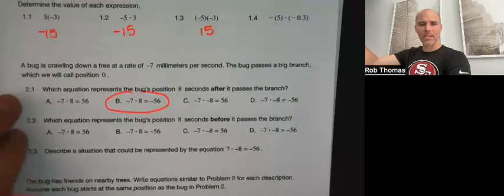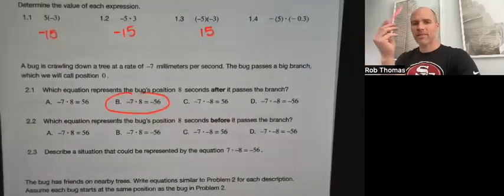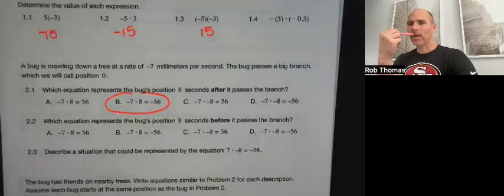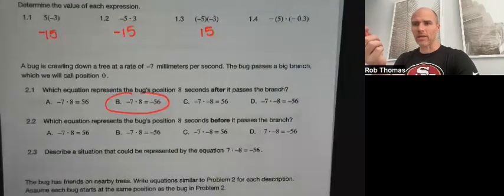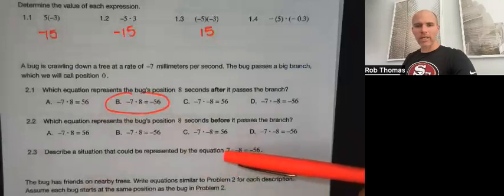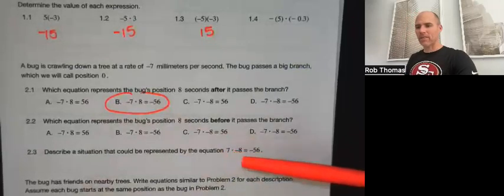All right, and then lastly, describe a situation that could be represented by the equation 7 times -8 equals -56. Okay, well, maybe this is a different bug, because this bug is walking up the tree, right? This bug has a rate of +7.